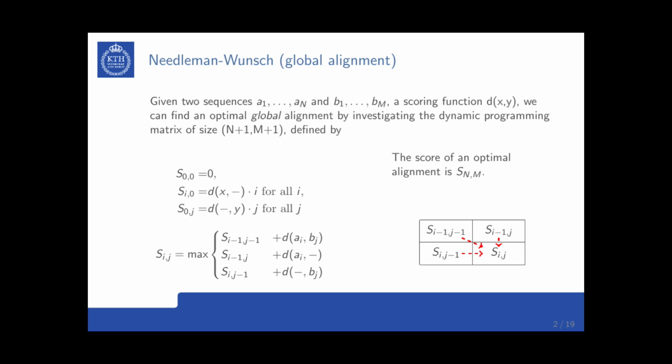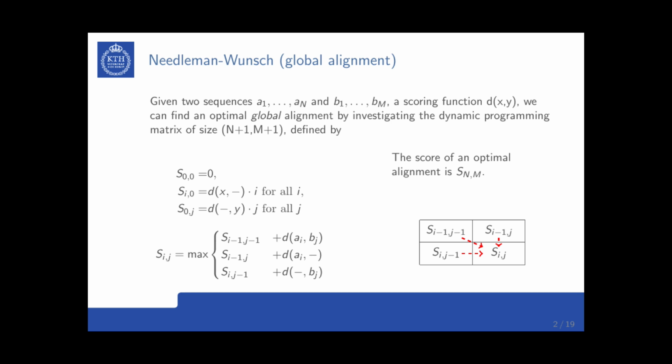There as well is the possibility that there's a gap in the second sequence. In such a case, we just need to move upwards to the S_(i-1, j) position. And you could do the same thing if there's a gap in the first sequence.